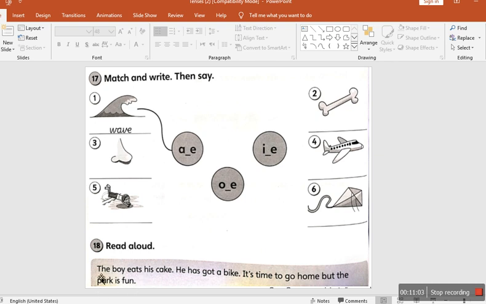Yeah, let's read it together. The boy eats his cake. He has got a bike. It's time to go home, but the park is fun.